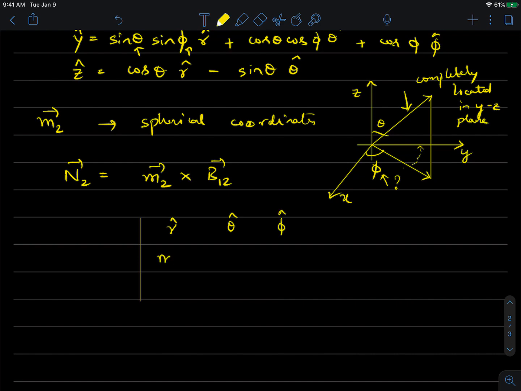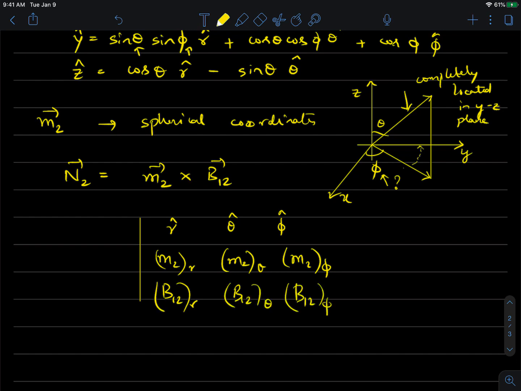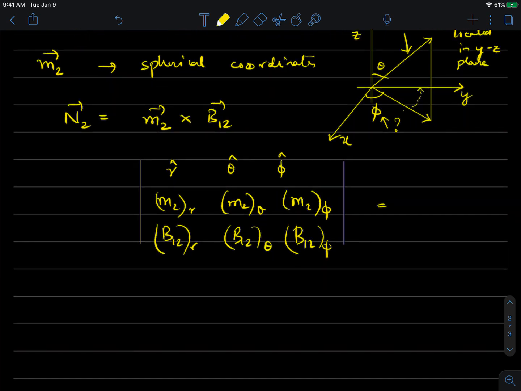Whatever M2 has as its r component, theta component, if it has one, and phi component, and again B12's r, theta and phi components. I'm not saying all of them exist. I'm just saying write it down in this way and find the cross product. That will give you the final torque on the dipole M2.